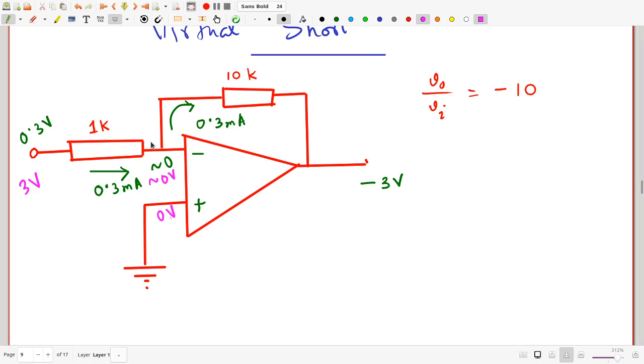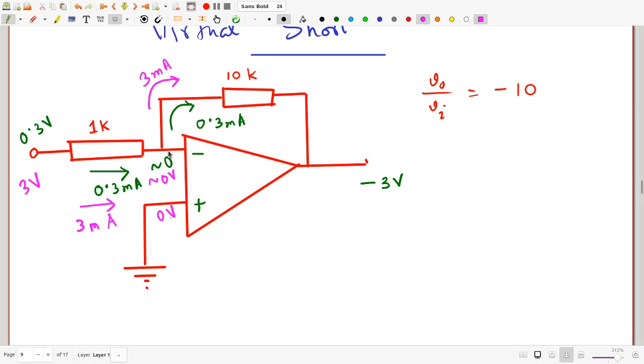So the voltage drop across the 1K resistor now is 3 volts. I'm drawing all these numbers in purple so that you can distinguish them from the green ones up there. The current through the 1K resistor should be 3 milliamperes. Same argument, the current going through this branch should be 3 milliamperes.